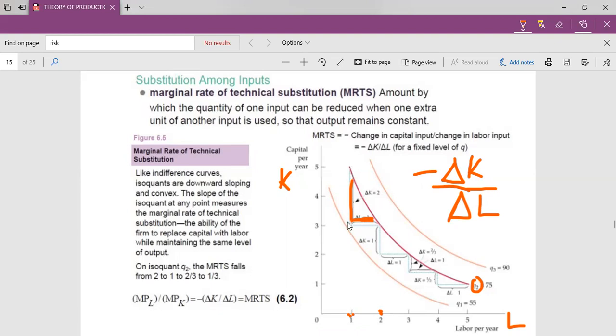So what is it going to be? Change in capital over change in labor.